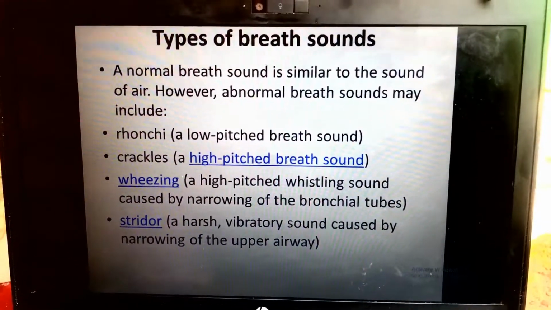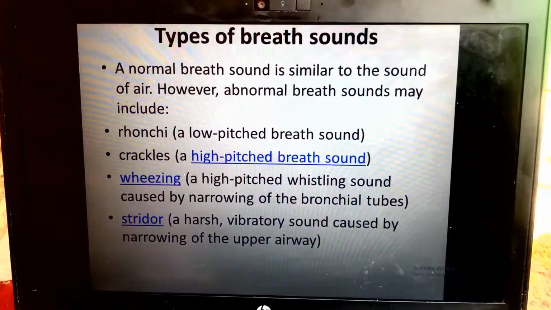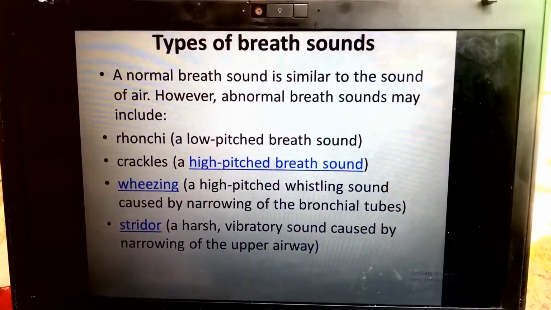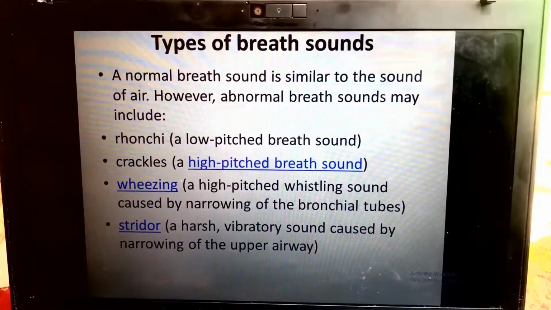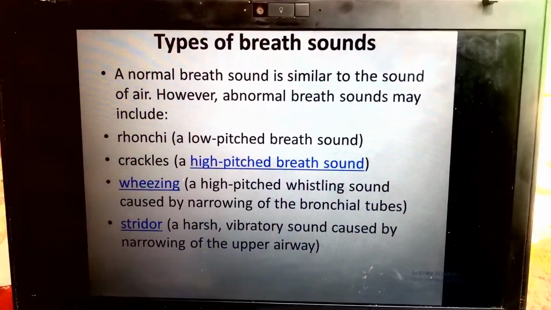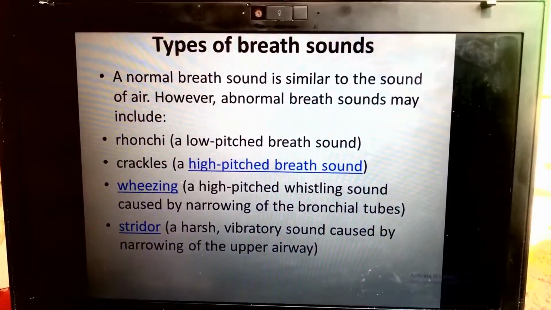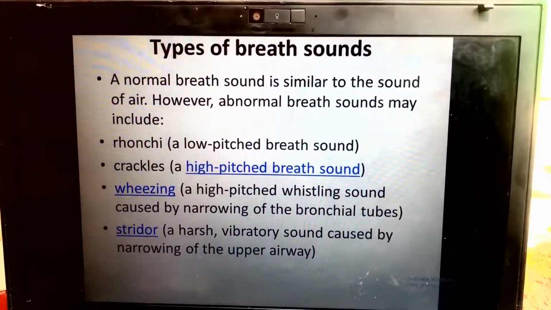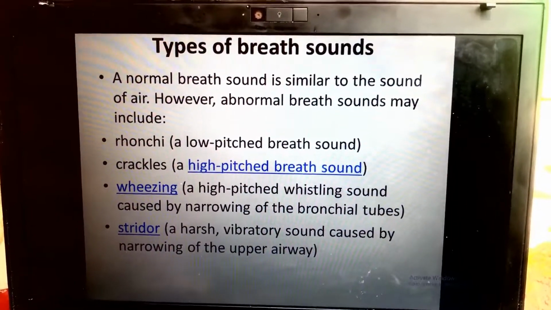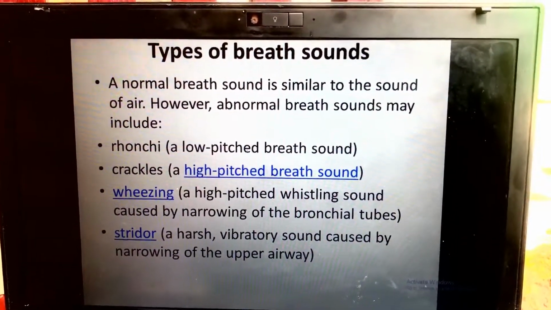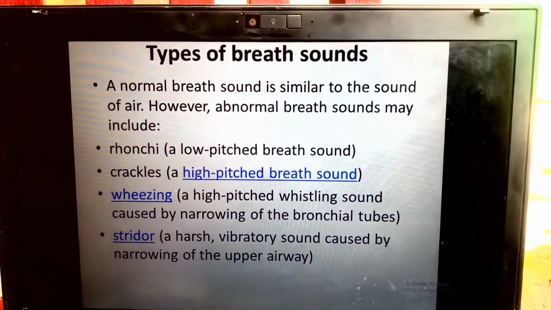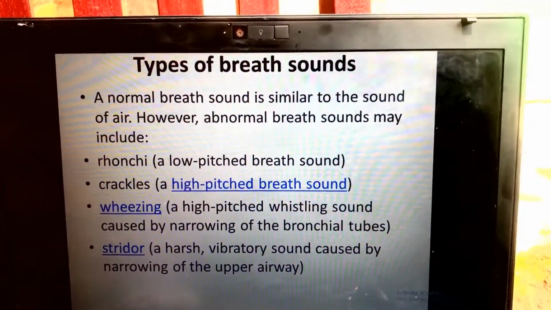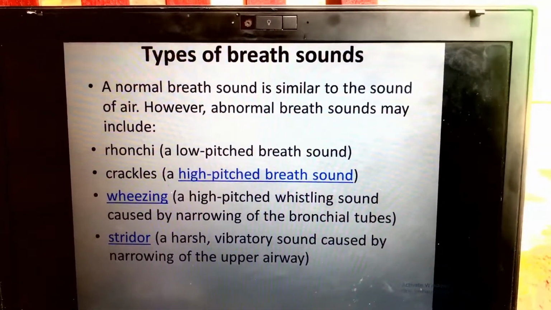Both can highlight an obstruction, but with wheezing, we will hear the sound on exhalation, when the client exhales, but we will hear the stridor when the client inhales the air. So this is the difference. For wheezing, when the client exhales; for stridor, when the client breathes in, we hear the harsh vibratory sound. This is stridor.